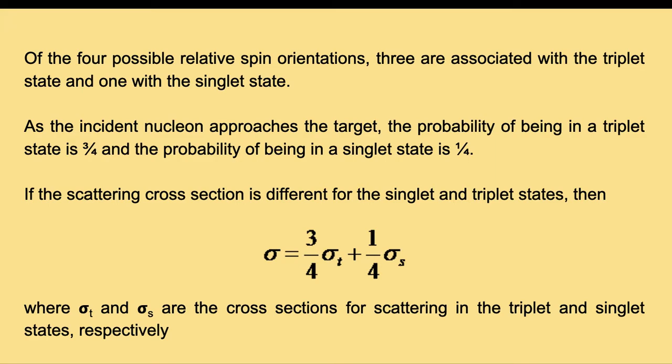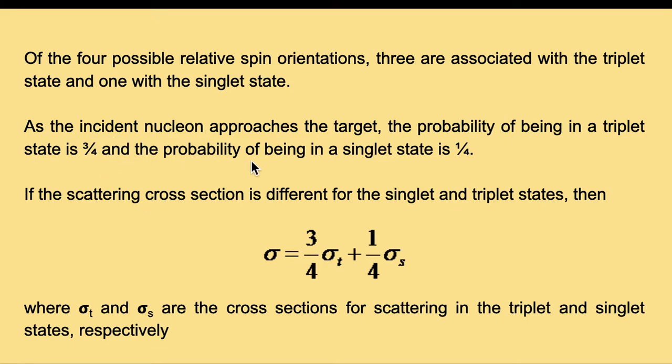That means each of these orientations has a 25% chance of occurring, that is 1 by 4. So for the singlet state, 1 by 4 probability, and for the triplet state, 1 by 4 plus 1 by 4 plus 1 by 4, that is 3 by 4.